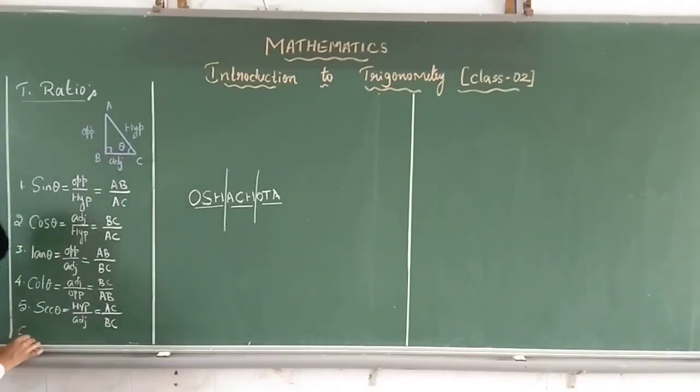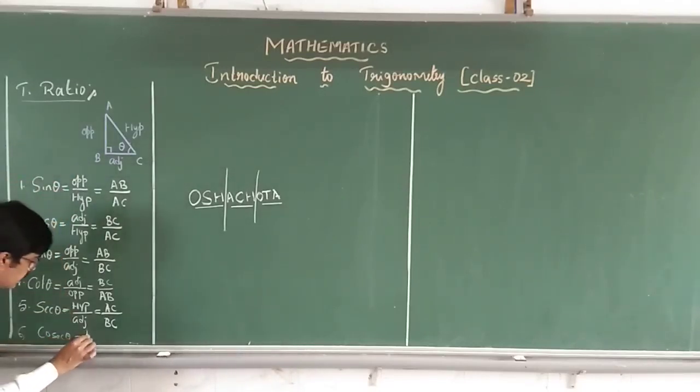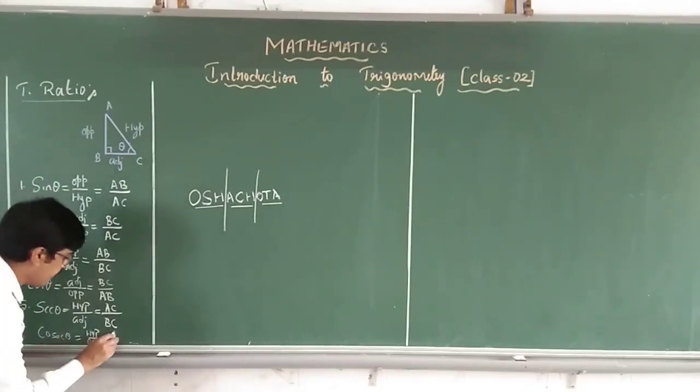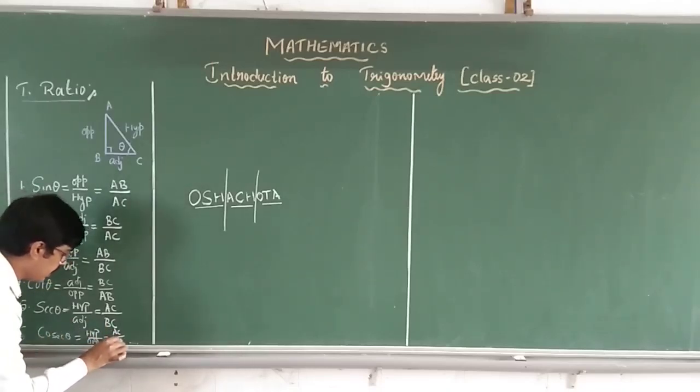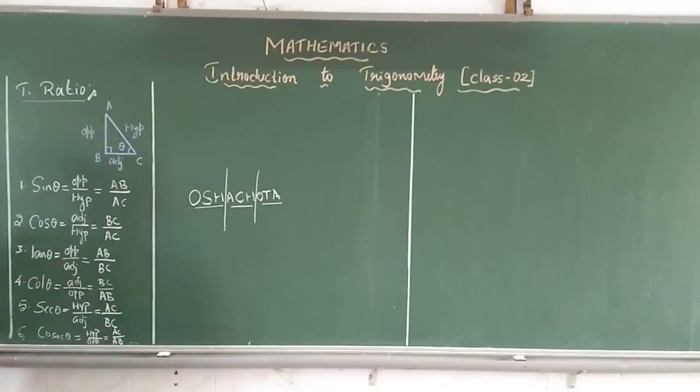Now, sixth one, cosecant of theta. Cosec theta. So, this is the reciprocal of sine. Therefore, I can write this as hypotenuse divided by opposite. So, this is nothing but what? AC divided by AB. These are the 6 ratios we studied in my last class.